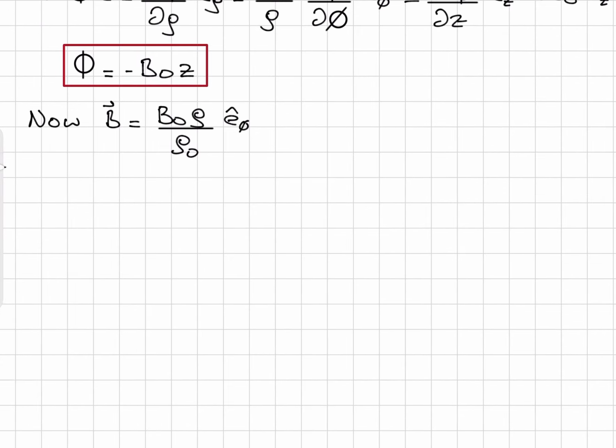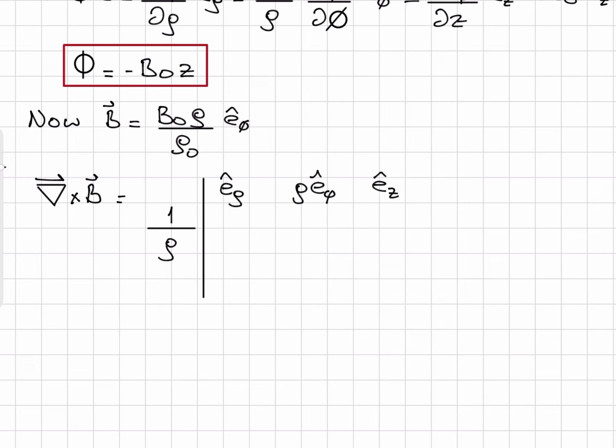In order to show that, I have to look at the curl of this magnetic field, curl B. It is 1 over the product of the scale factors, which is 1 over rho for cylindrical coordinates. And now I have the determinant with h rho e rho hat, h phi is rho e phi hat, and h z is 1, so e z hat, then del rho, del phi, del z.